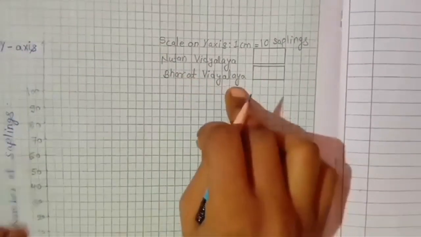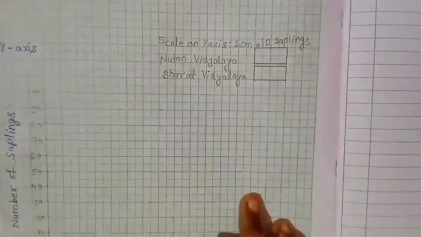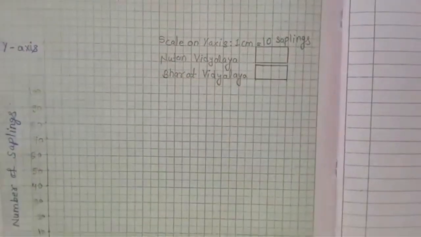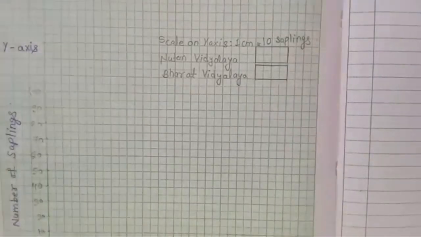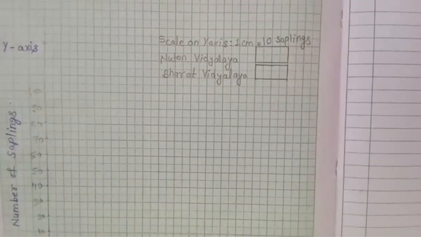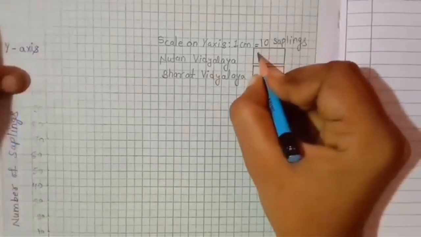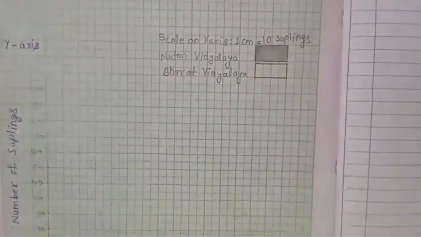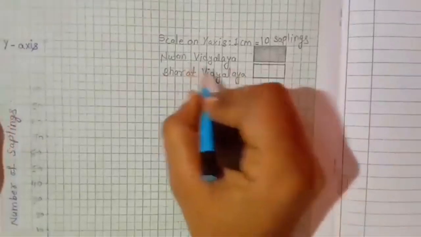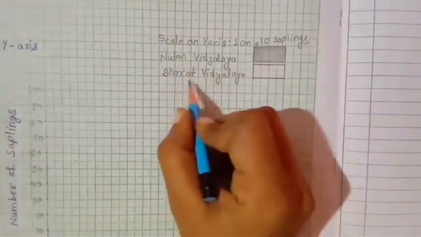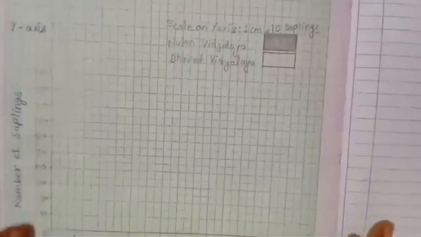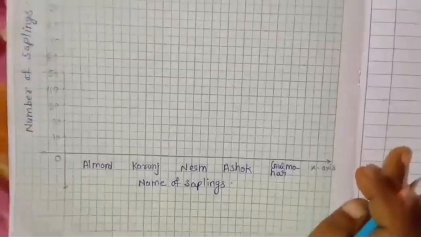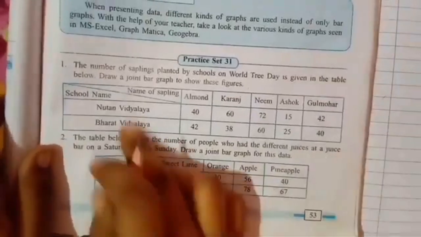And in your question the information is given about 2 schools. So one is Nutan Vidyalay and second is Bharat Vidyalay. So in Nutan Vidyalay you will shade your box and in Bharat Vidyalay you will keep your box empty. Now by seeing this information we will start drawing our graphs.